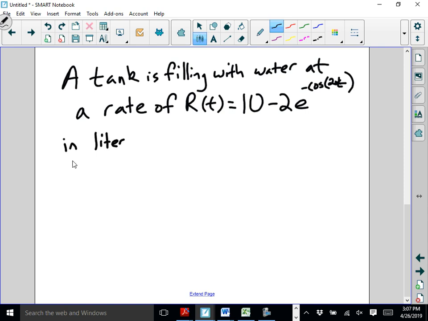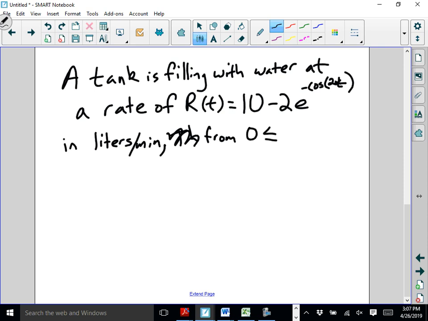Okay. The tank is leaking, and it's filling at that rate in liters per minute from 0 is less than or equal to t is less than or equal to 5.